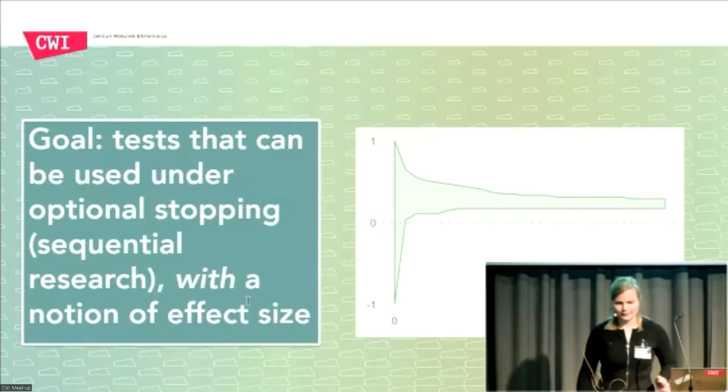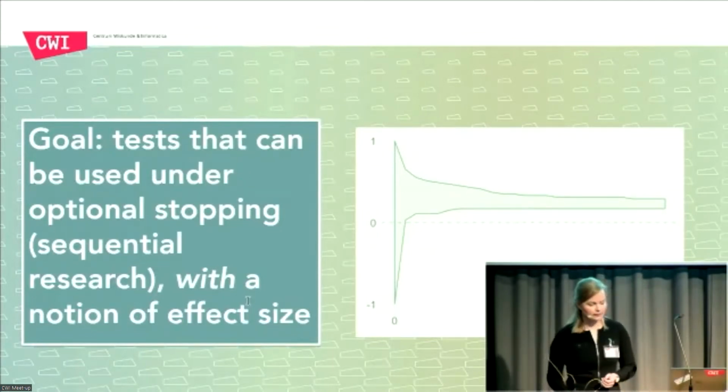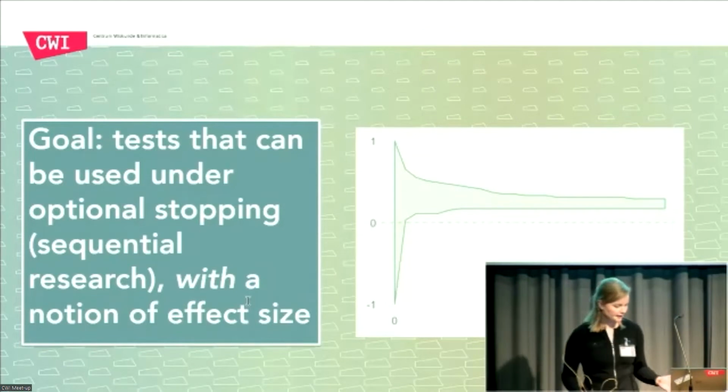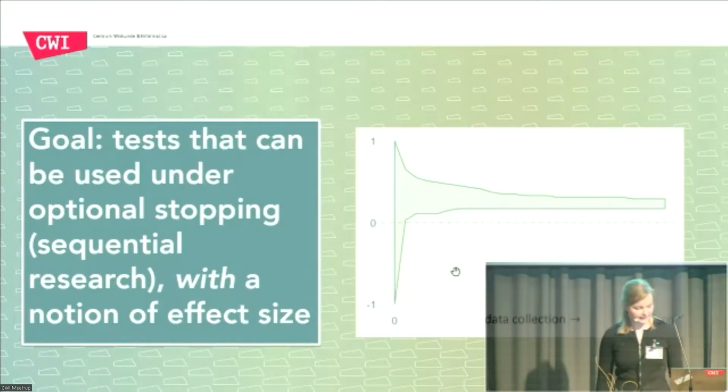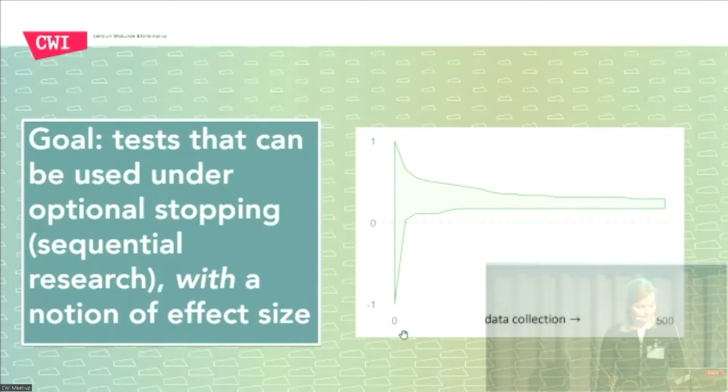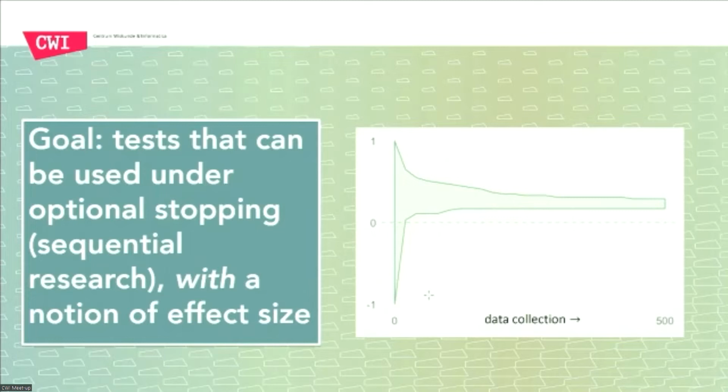We also want to do this with the notion of effect size. Ideally, we want to end up with the figure that you see here. At the start of data collection, we have no idea of the range in which the effect size really lies. And while we collect the data, our estimate becomes narrower and narrower. So that's our ultimate goal.